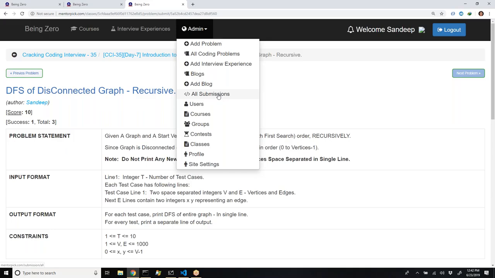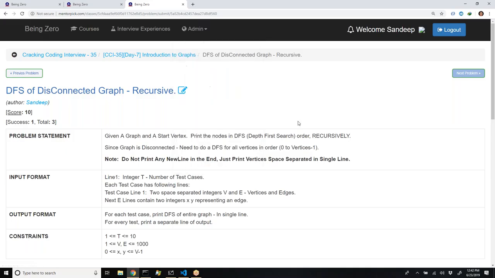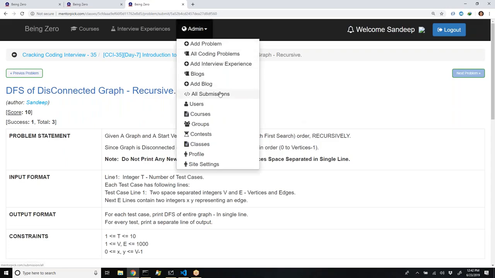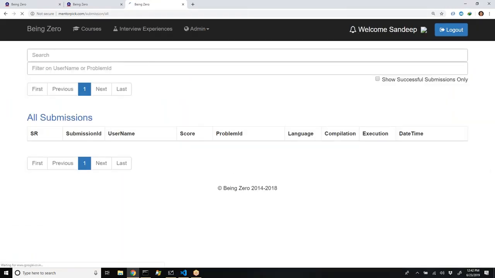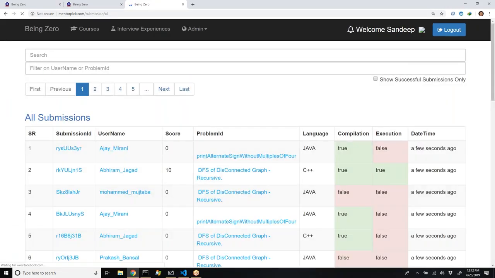Prakash, if you want to do DFS without using recursion, then you will have to use stack, and in that way you can achieve DFS. Okay. Arun, you are done with the first one also? Okay, sure.